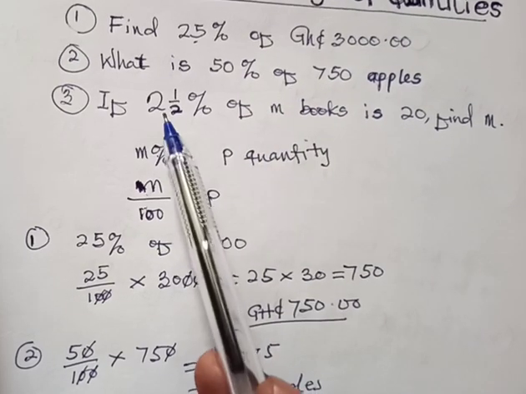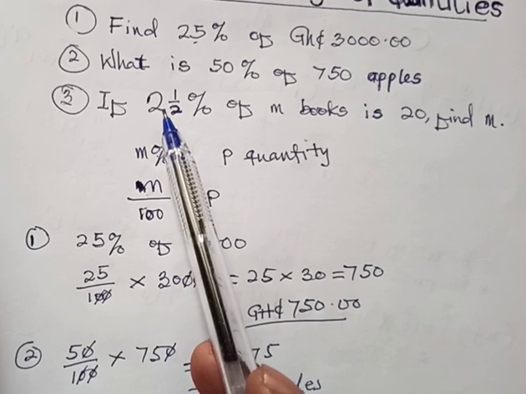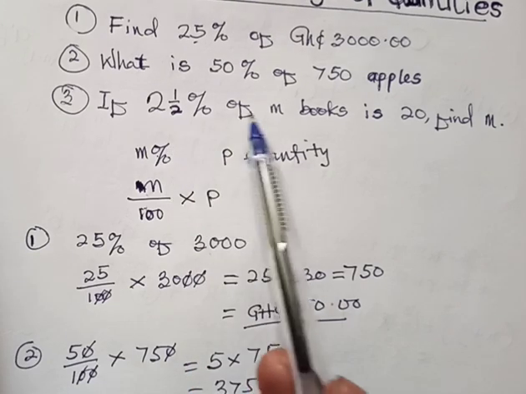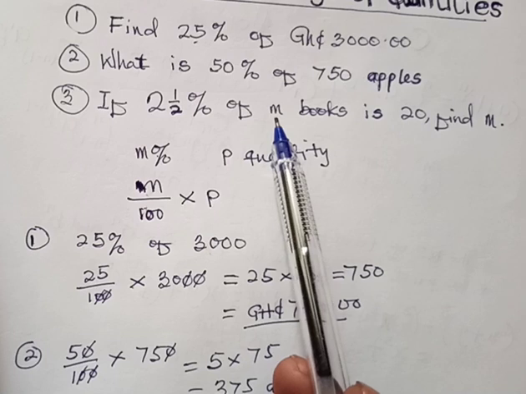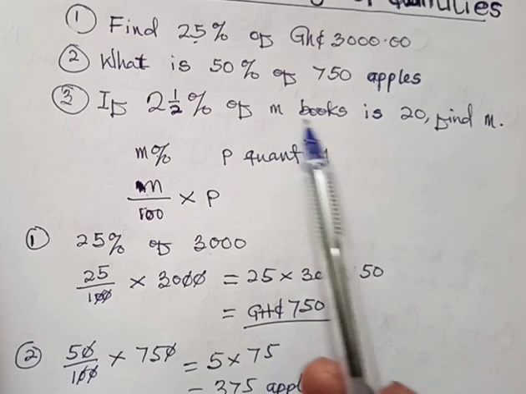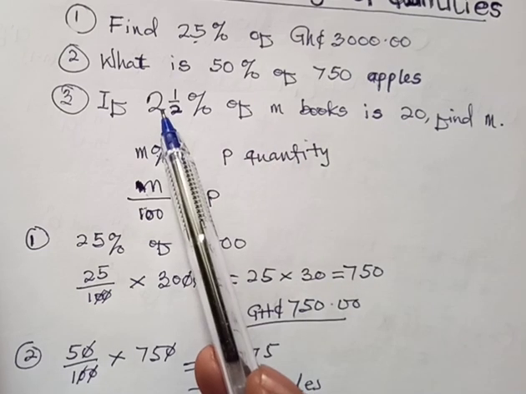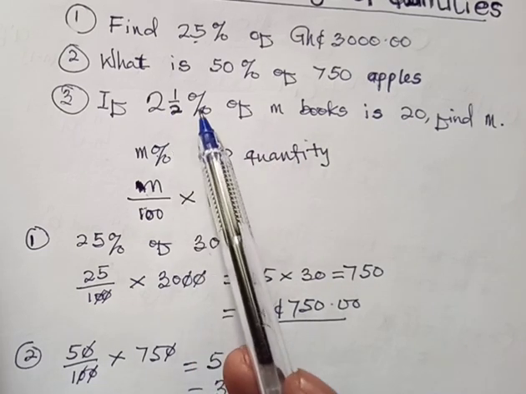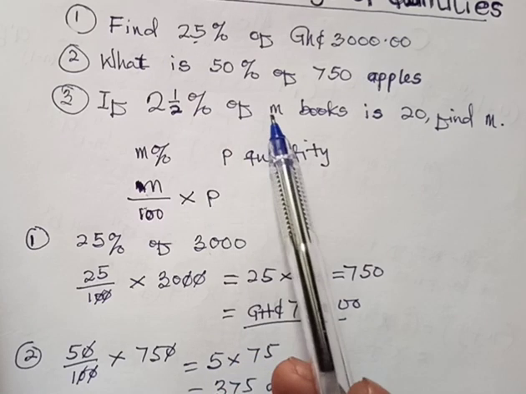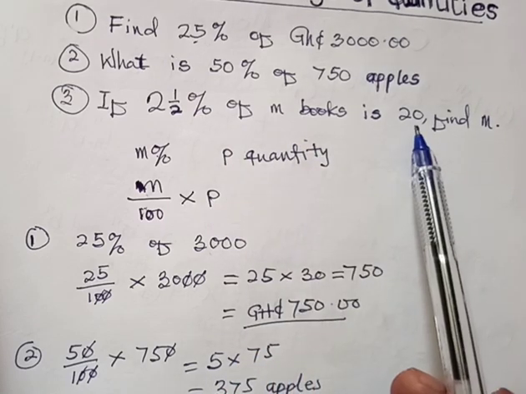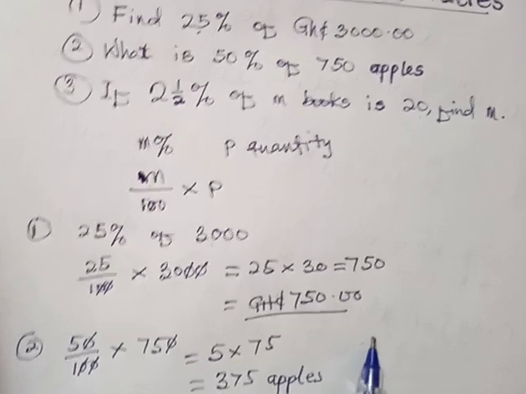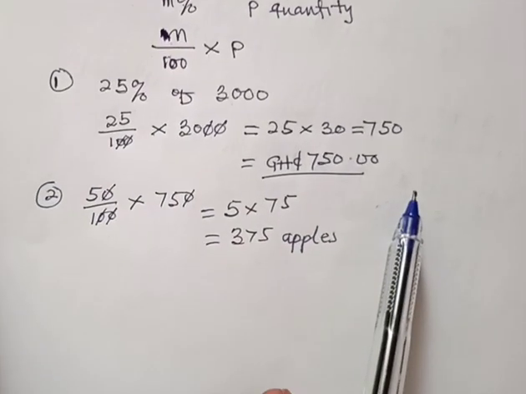Now this time we are saying two and a half percent of M books, so we don't know M, and the answer is 20. It means if we find two and a half percent of the M books, we are going to get 20. So we follow the same basic principle.